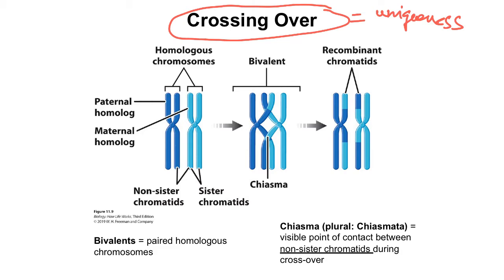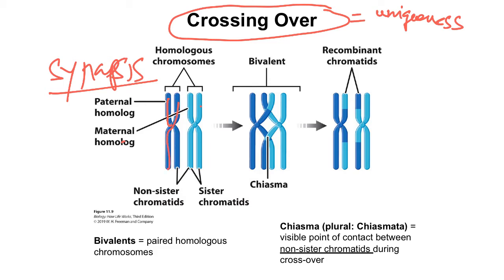Remember, when there is synapsis, or pairing of chromosomes between the paternal homologue and the maternal homologue, notice that they are double-stranded arms.